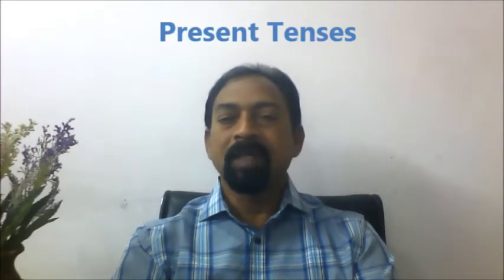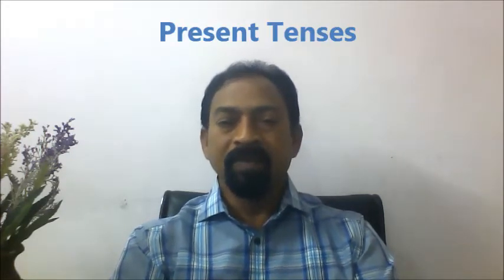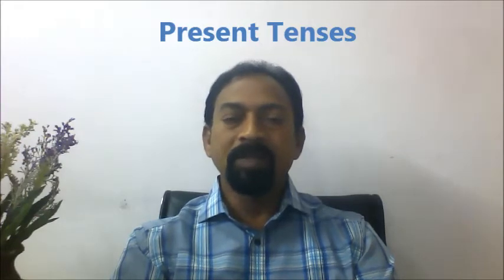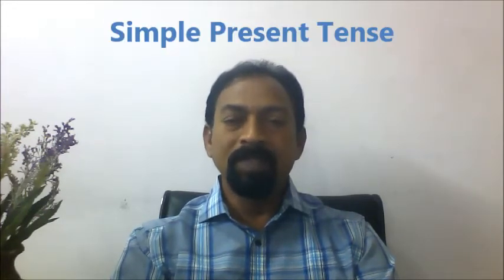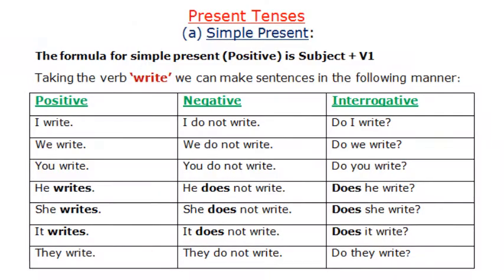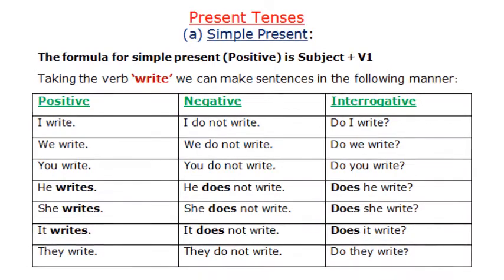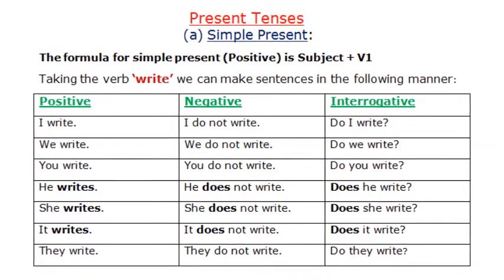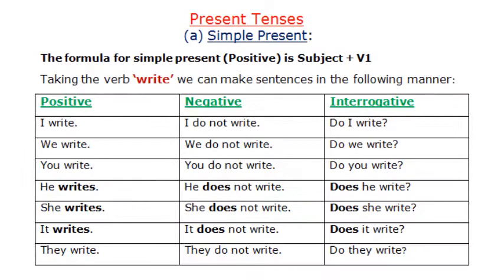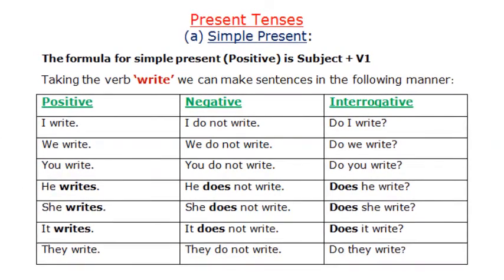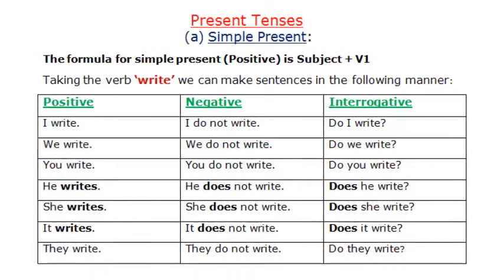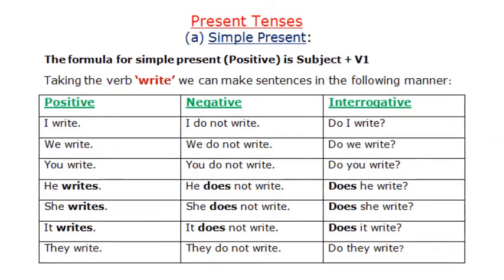Present tenses. In present tenses, today we'll see simple present tense. How to write a simple present tense? By using all these persons, the first person singular, first person plural, second person, third person singulars, and third person plural, we see 3 types of sentences.